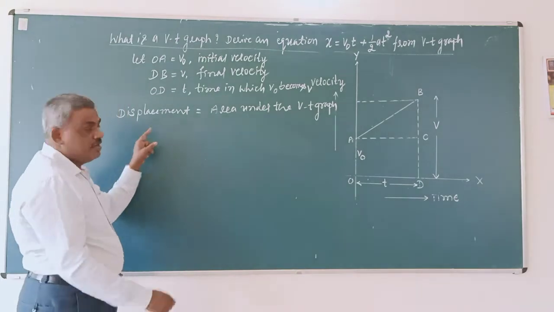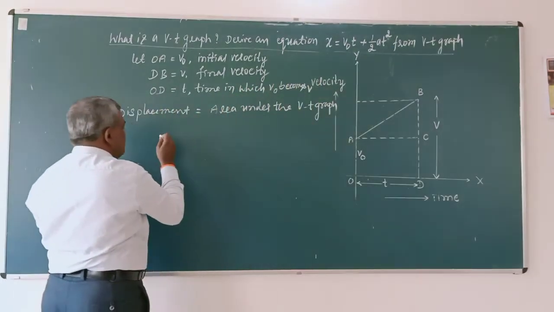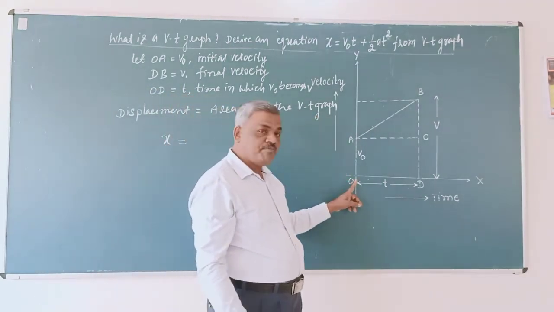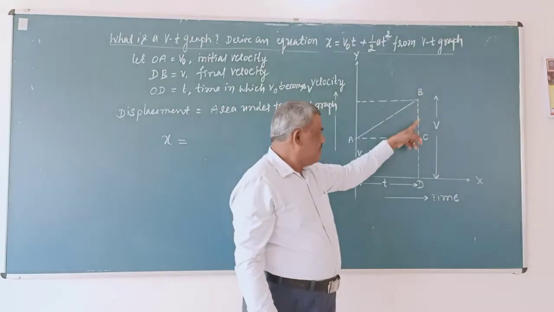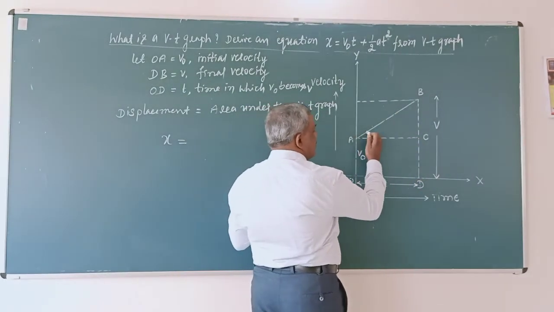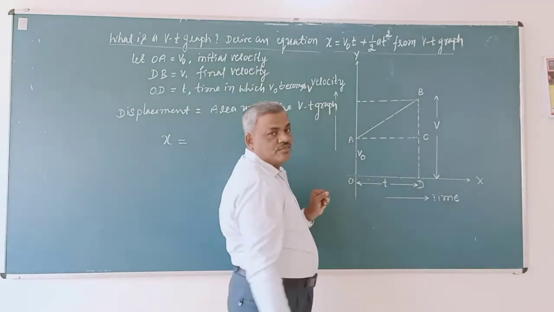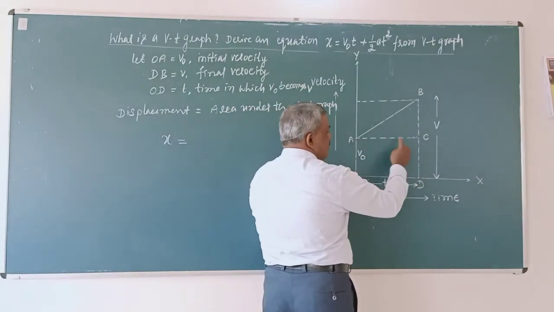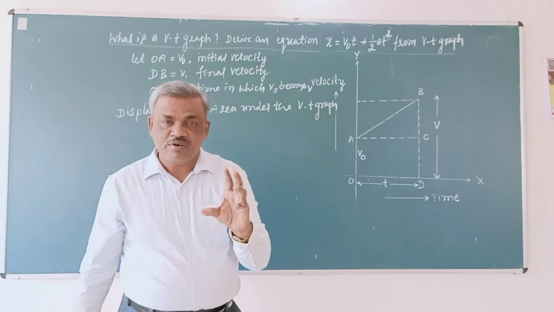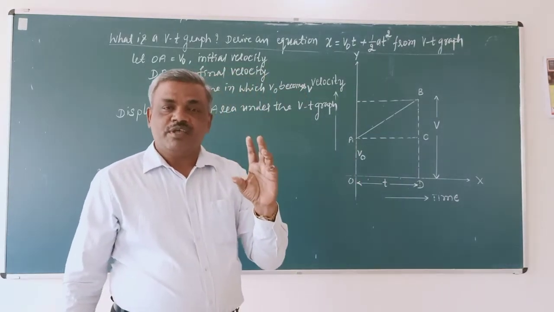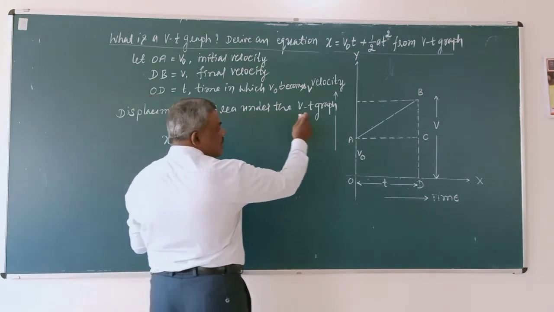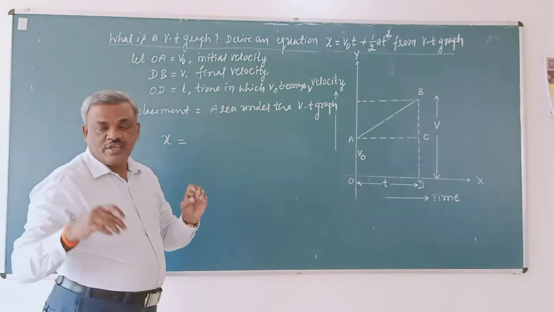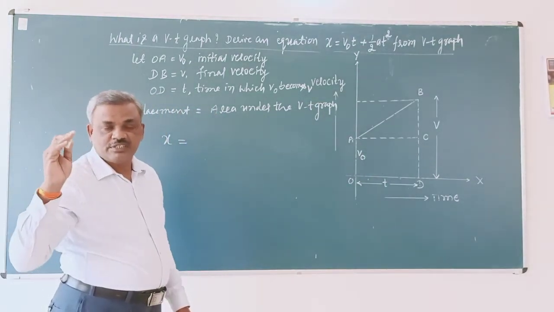Displacement, for which we have taken the symbol x, equals the area under the VT graph. What does the area under the VT graph mean? O, A, B, C, D. This is the structure, the area of the trapezium. Area of the trapezium equals area of the rectangle plus area of the triangle.